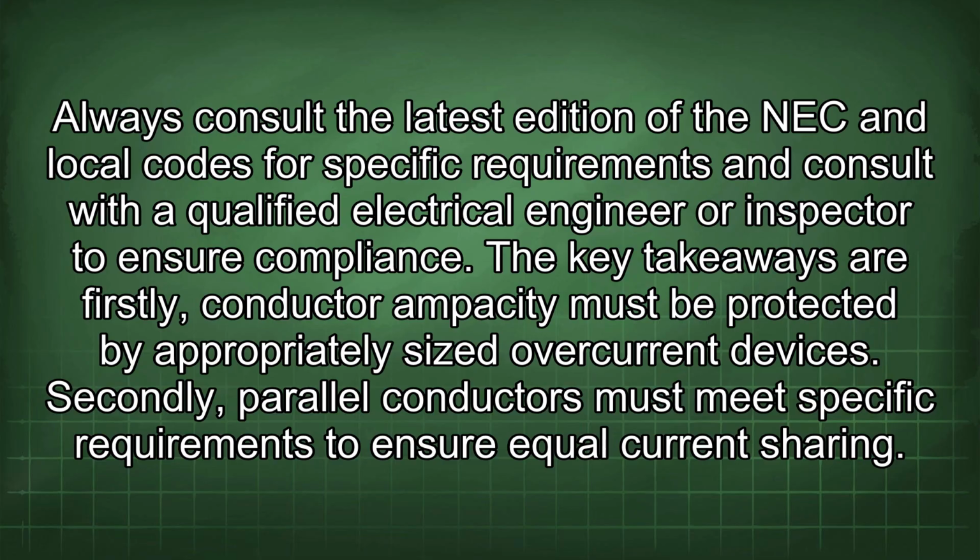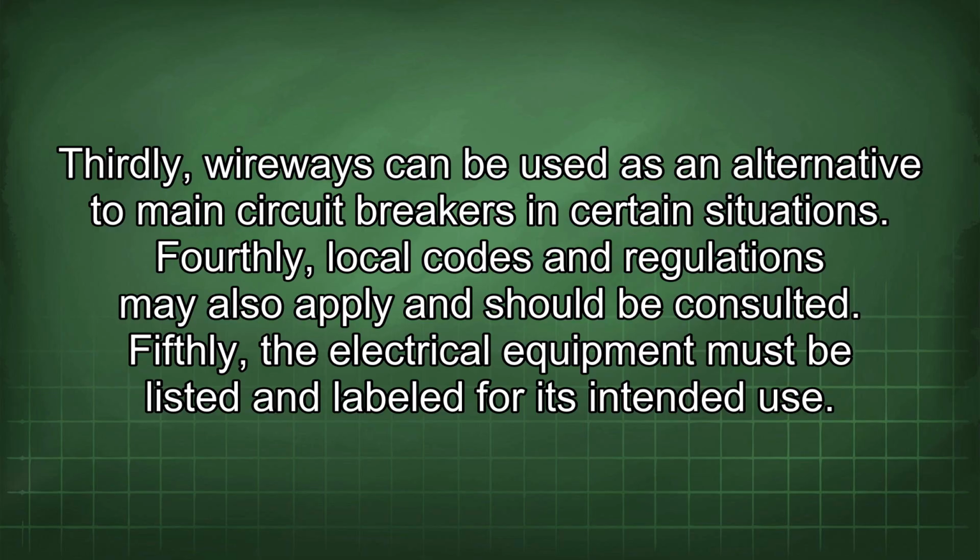The key takeaways are: firstly, conductor ampacity must be protected by appropriately sized overcurrent devices. Secondly, parallel conductors must meet specific requirements to ensure equal current sharing. Thirdly, wireways can be used as an alternative to main circuit breakers in certain situations.